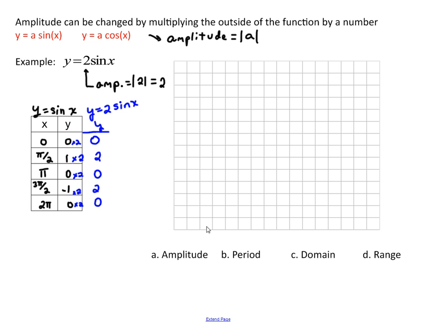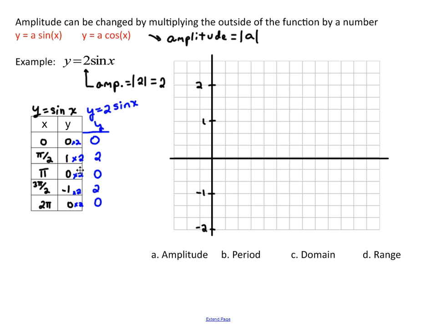So let me go ahead and get an x and y axis system right here going so that we can see it in action. So what I'm going to do is graph it. Here's positive 1, I'll make this positive 2 right here. Here's negative 1, here's negative 2.